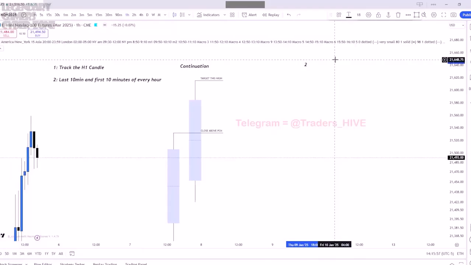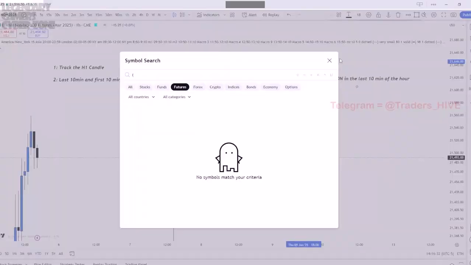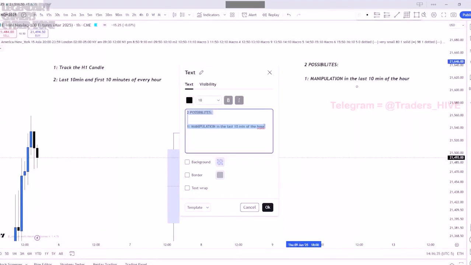Basically, the first one is that you see the manipulation in the first portion of the macro, so the last 10 minutes of the hour, which means from 50 to 00.